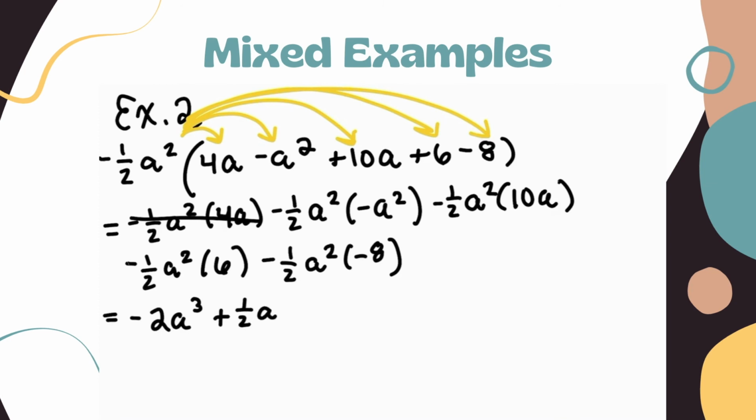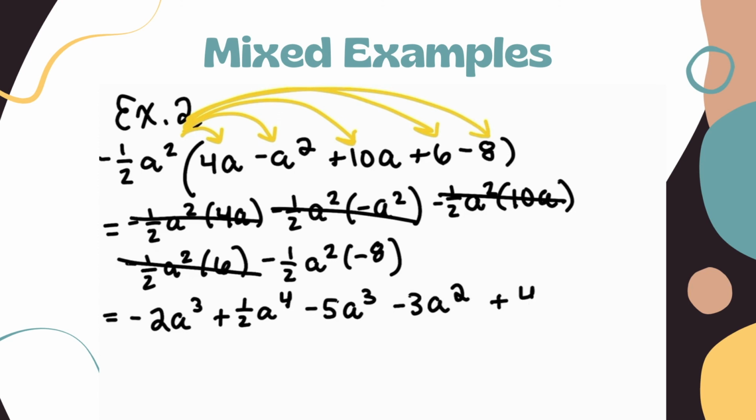And I'm crossing out each one as I go so I don't get confused because it's just a lot to look at. Personal preference. You might like that too. And we wind up getting a positive 1/2 a to the 4th power. And then we get negative 5a cubed. Cross that out. Negative 1/2 times 6 is negative 3 with our a squared. And finally, we get a positive 4a squared.